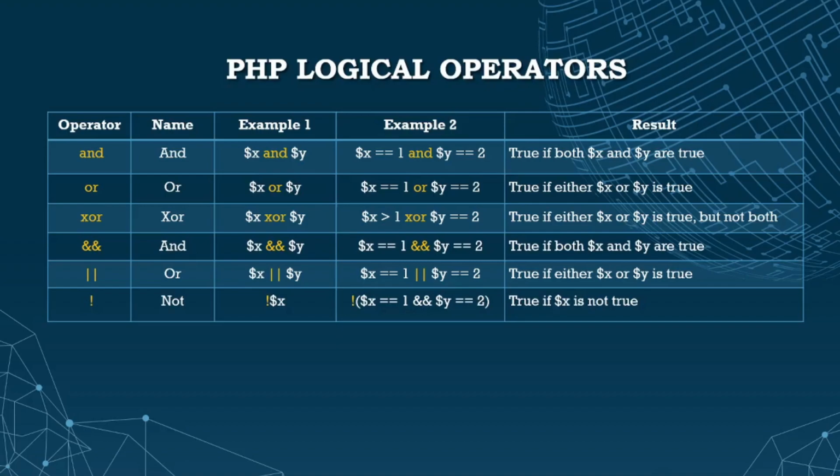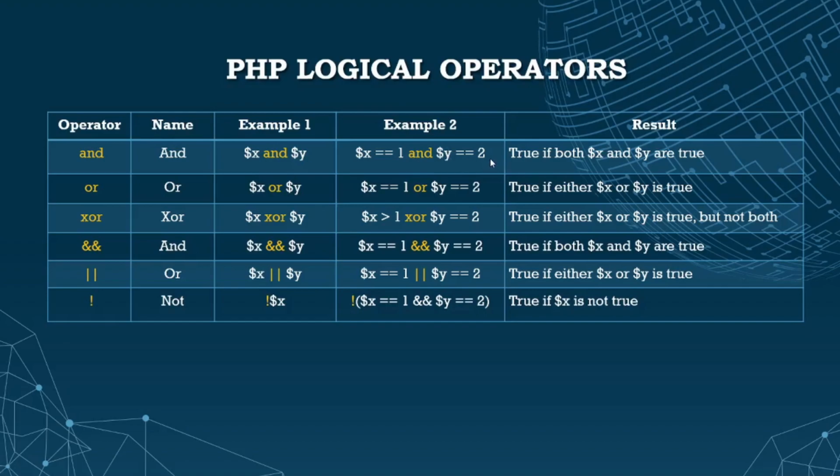Now, for the AND operator, basically, ganito yung setup niya. So, yung conditions or your variable and another variable. Or we can have, katulad nito, first condition natin, and then the second condition.